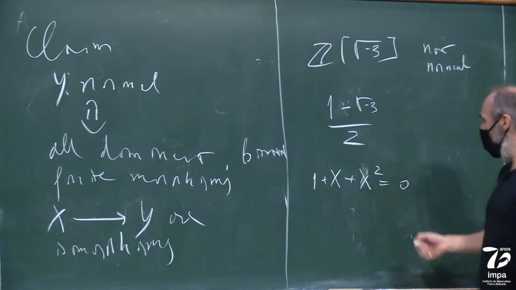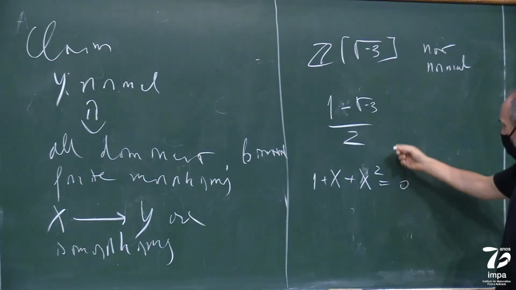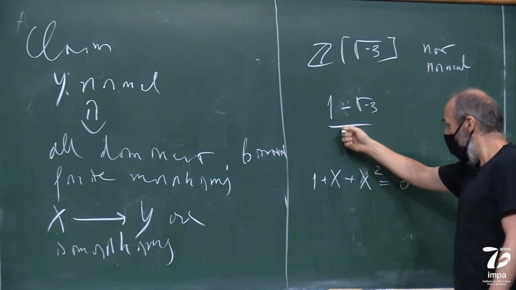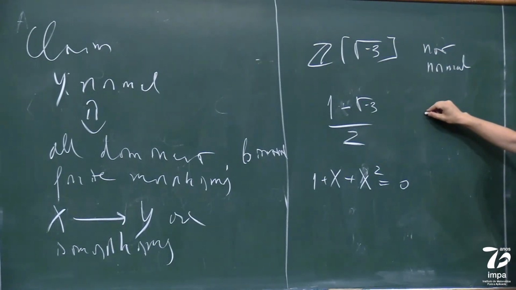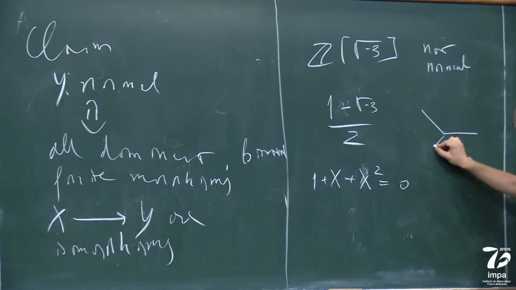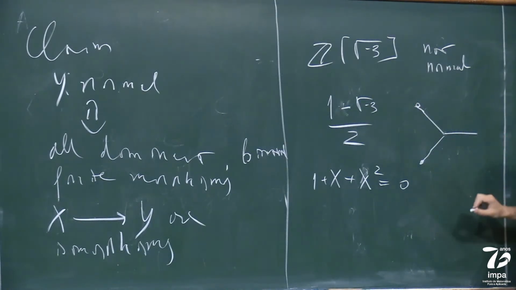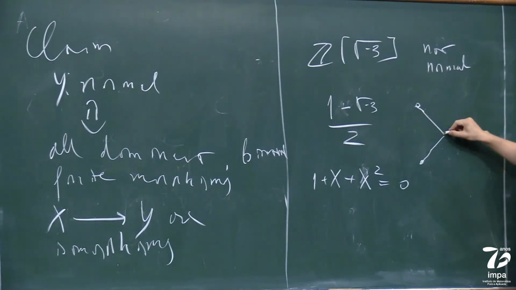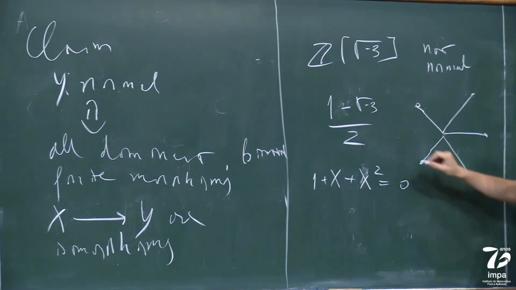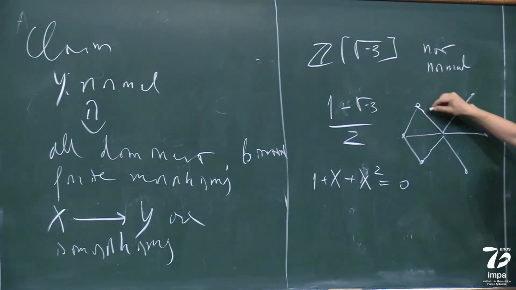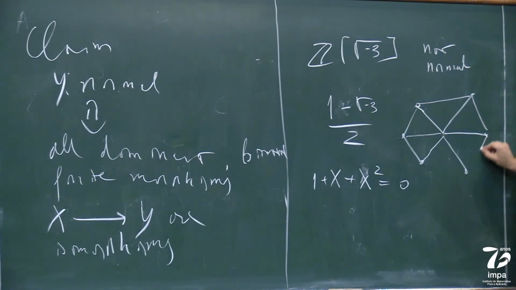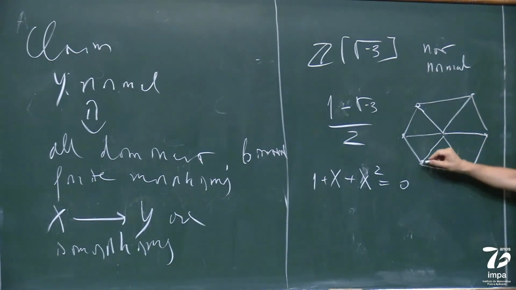But let me explain more about this. Let's consider the ring of Z generated by this element. This is a root of 1. And the whole ring will be, if you do a regular hexagon, you can take the plane and tile it by regular triangles.